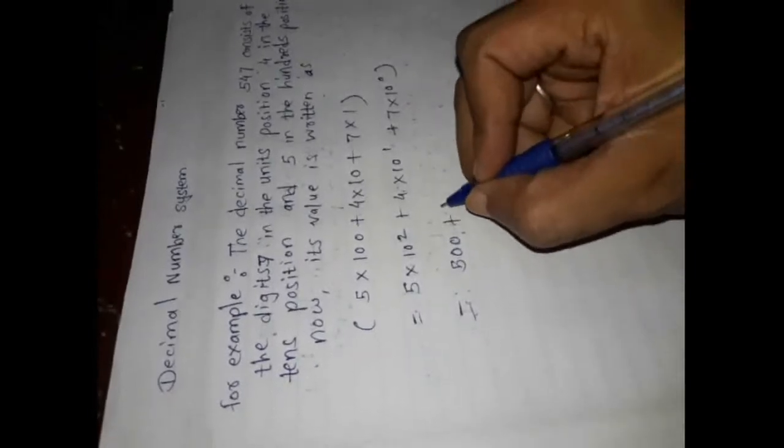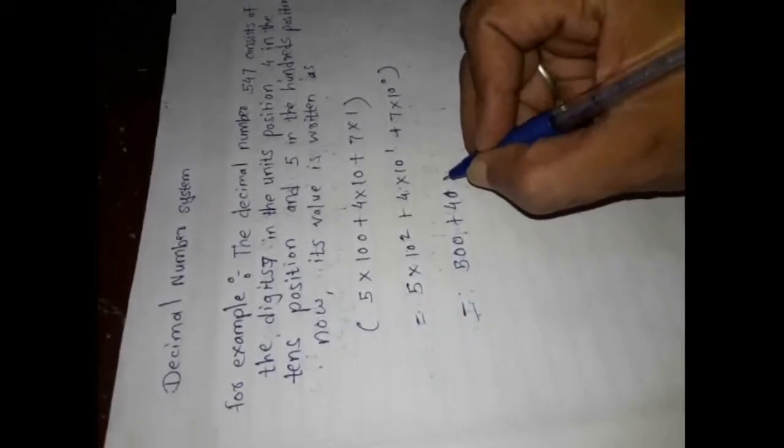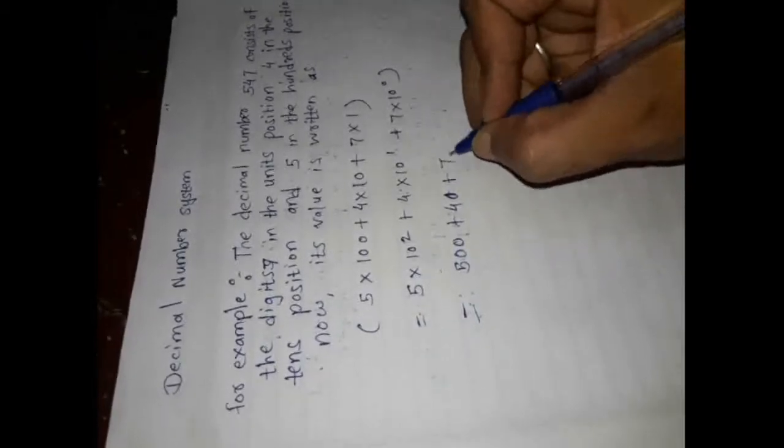Okay, we will do direct calculation now. 5 into 10 raised to power 2, plus 4 into 10 raised to power 1, plus 7 into 10 raised to power 0. 5 into 100 means 500. 4 into 10 is 40. 7 into 1 is 7.